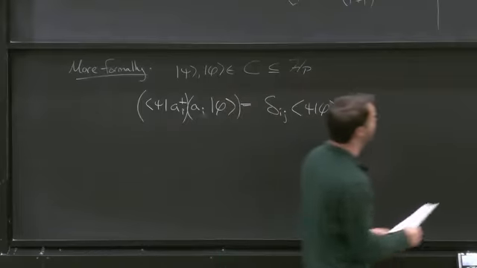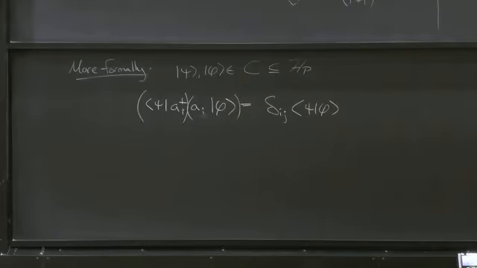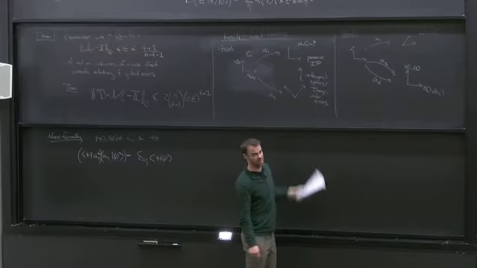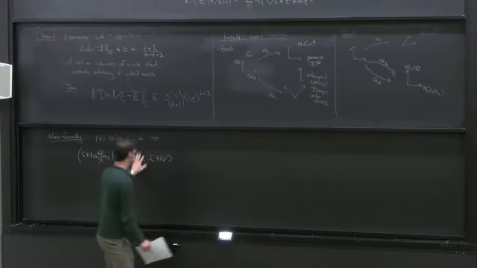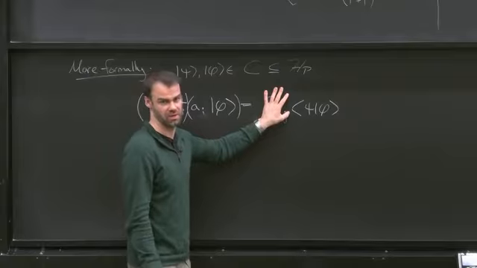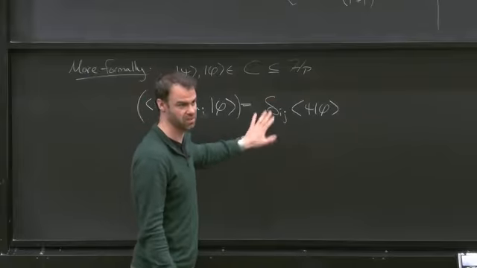So I'm following the same error, like A1 is happening to both, and I'm going into the same subspace up here. But then what this condition is saying is that my inner product gets preserved. Okay, so that's enforcing that.